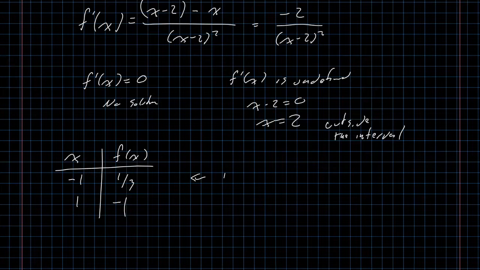And the biggest value happens when x is negative 1, and the smallest value happens when x is positive 1.